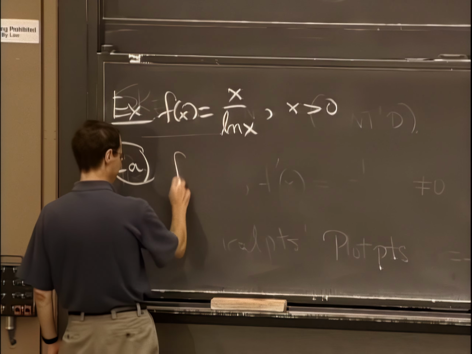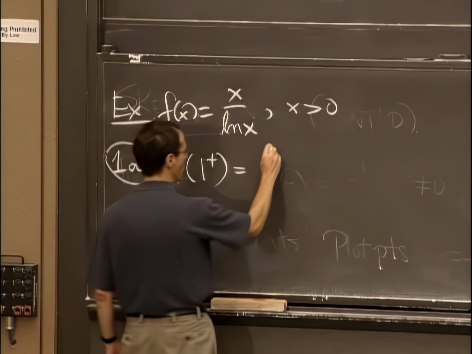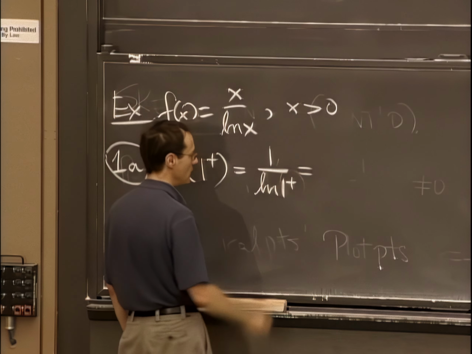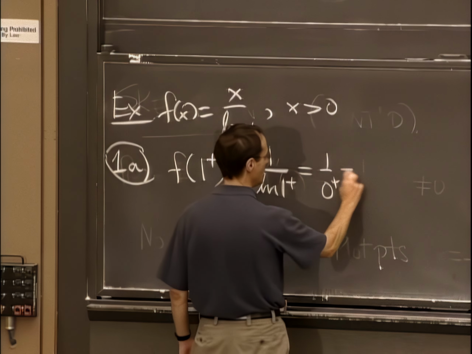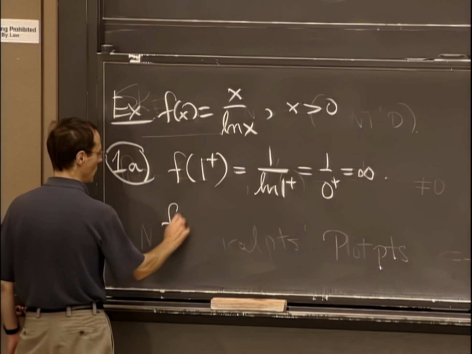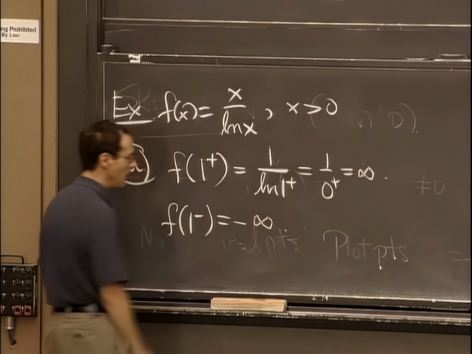So that's f of 1 plus, if you like. So that's 1 divided by log of 1 plus, which is 1 over 0 with a little bit of positiveness to it, which is infinity. And second, we do it the other way, and not surprisingly, this comes out to be negative infinity.